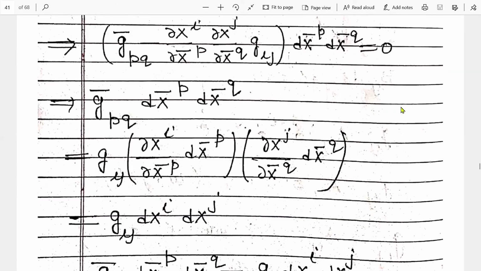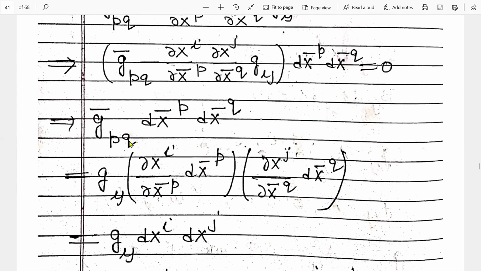So we get G bar pq dx bar p dx bar q, which is equal to Gij, curly xi, dx bar p, curly xj, curly x bar q. So this cancels with this term, and this cancels with this term.